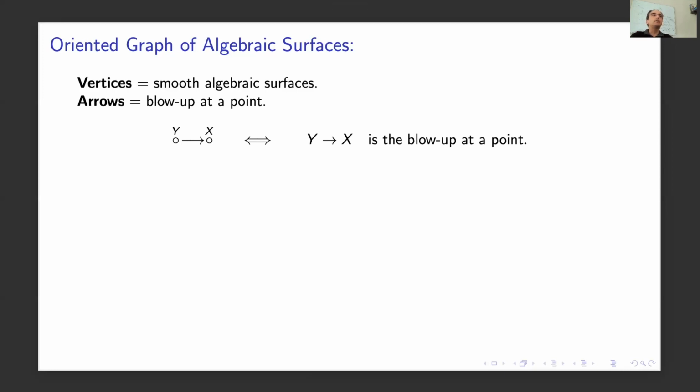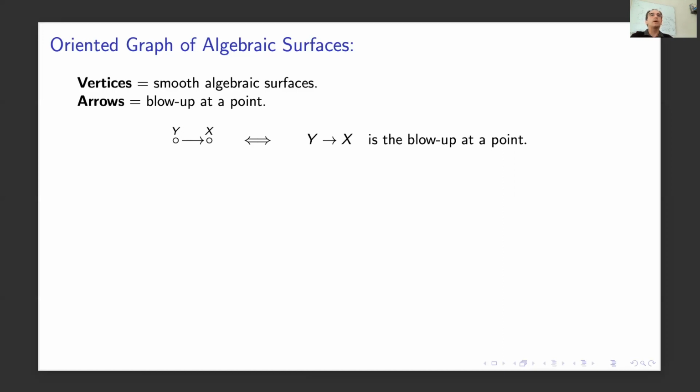And what are the arrows? So we were talking about edges. I call them arrows just because they have an orientation, they have a direction. So if we take a surface y and a surface x, or in other words, a vertex y and a vertex x, then an arrow from y to x corresponds to saying that y is the blow up of x at a given point. So the surface x, for simplicity, is taken to be smooth.